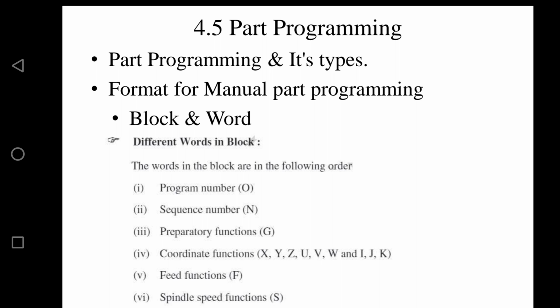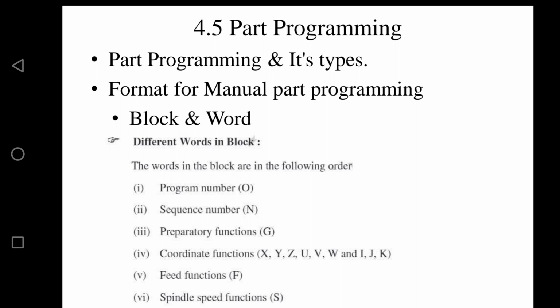Let's say for example N200. Some controls require sequence numbers to be input in ascending order, while other controllers allow any 3-digit number after the letter N. This is about the sequence number.